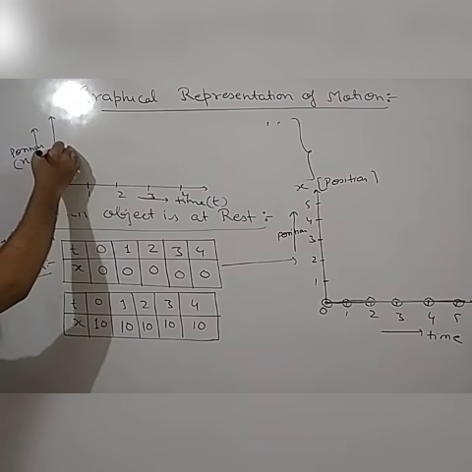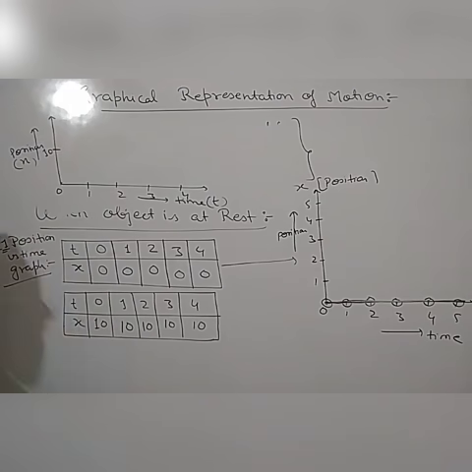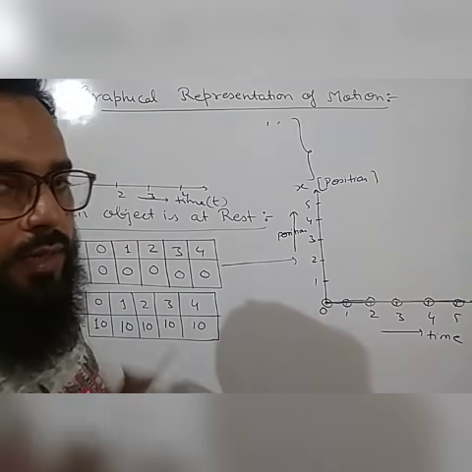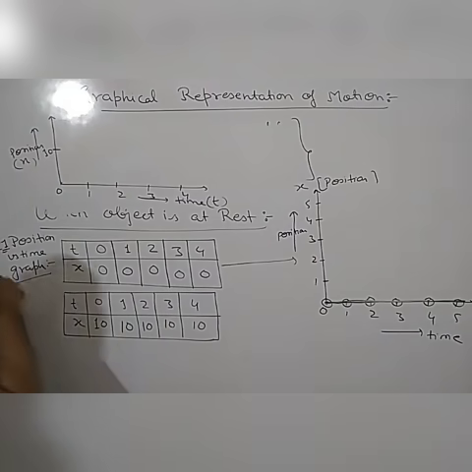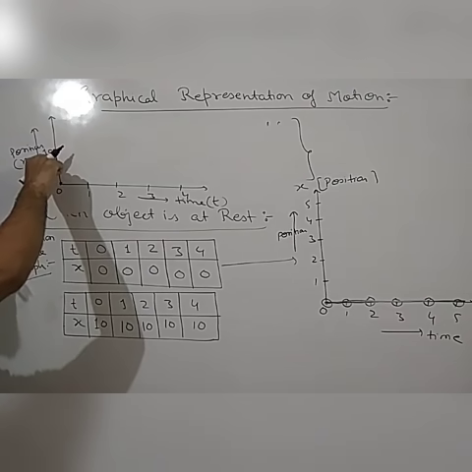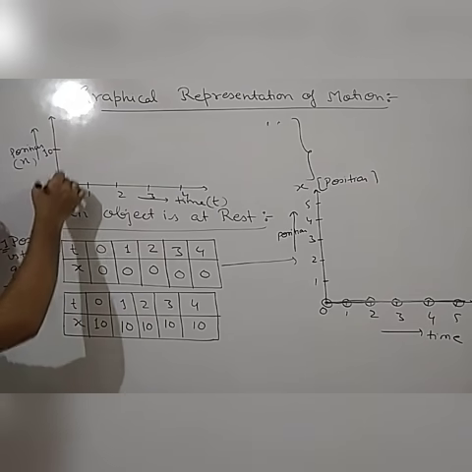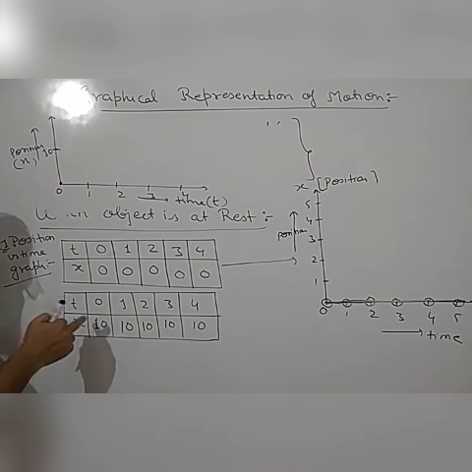If we take a point 10 here, a position of 10, it means that if I am standing here, the distance from this board up to me is 10. If O is the frame of reference, the origin, the distance of the object is 10 meter. At t is equal to 0, distance was 10 meter. So what will be the coordinate? 0, 10.